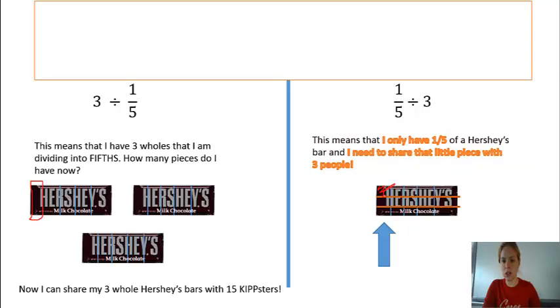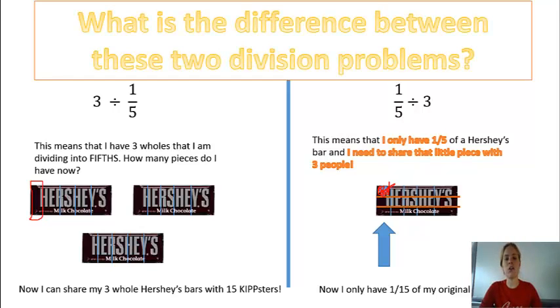So I'm wondering, how much is this little Hershey piece worth? Oh, it's a little heart. Well, I have 1 out of 15 of my original candy bar to eat. And I found my denominator by counting up all the new little pieces. There's 15 new pieces. I'd like you to lock it up with your partner.